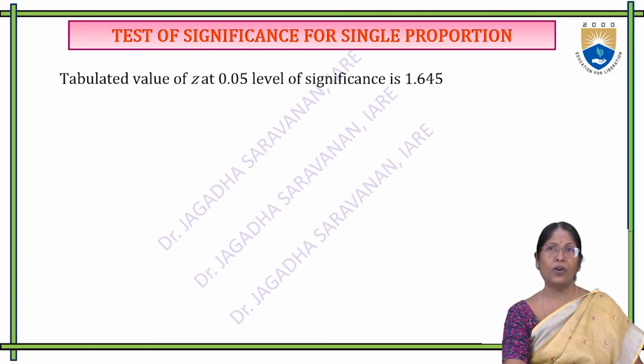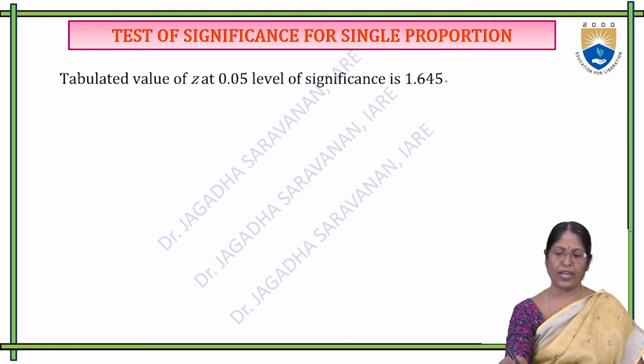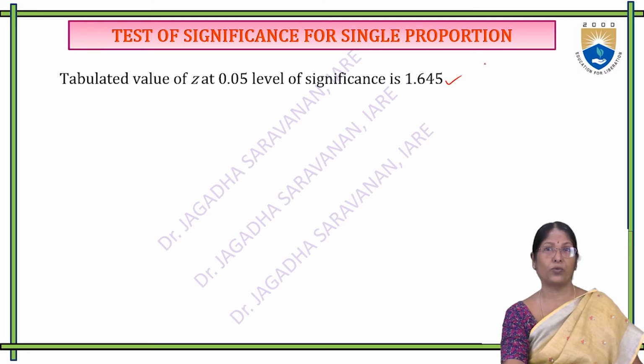So the tabulated value of Z at 0.05 level of significance is 1.645. Here one doubt is ringing: the critical value of Z there is minus 1.645, but here we didn't write the minus sign.